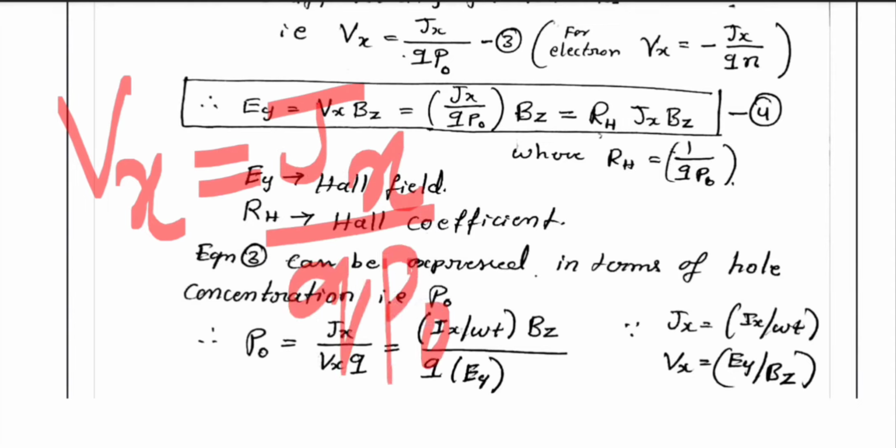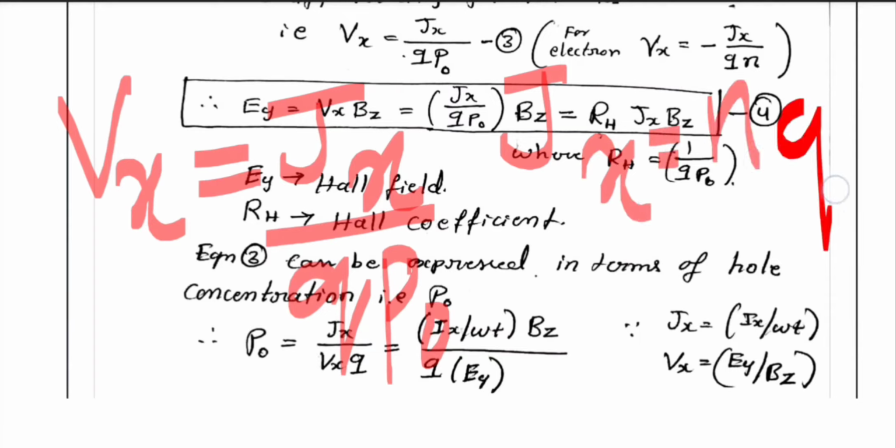This equation we have seen in the conductivity section, where we studied current density Jx is equal to NQVx. We got one equation like this. Here we are speaking about holes as the majority carrier, so it is replaced by PQVx. In the case of electron it was minus q, here it is hole, so it is plus q. So PQVx, so from this the drift velocity of the hole Vx is equal to current density Jx by QP.